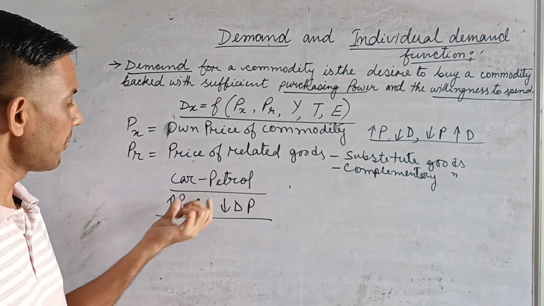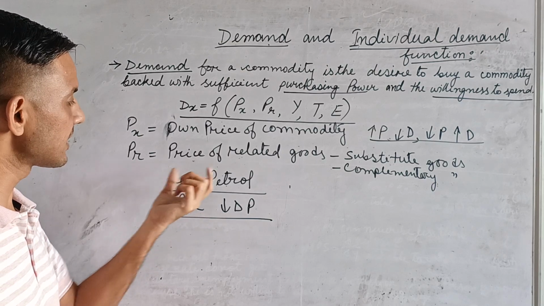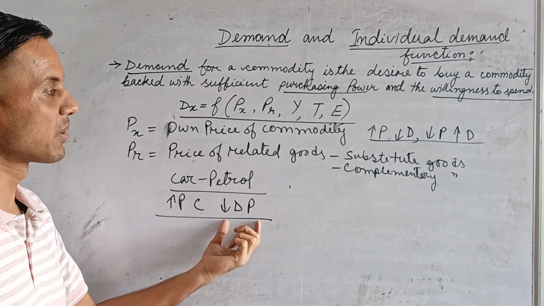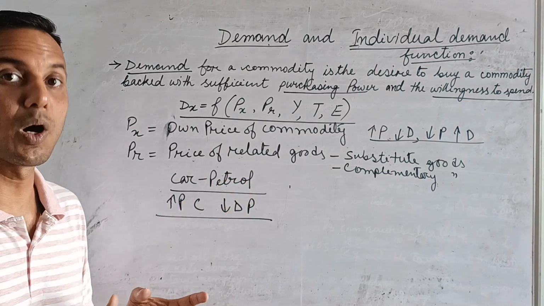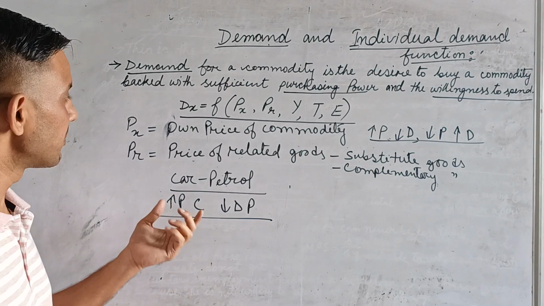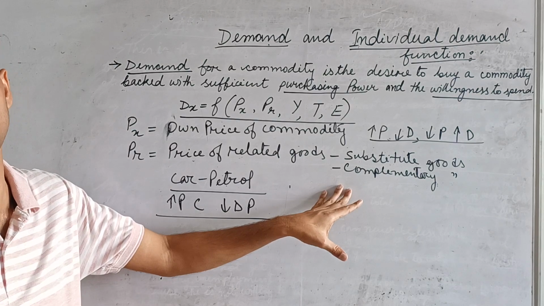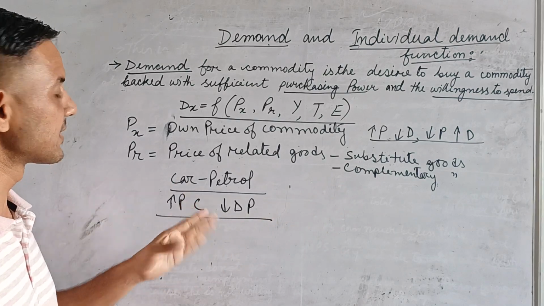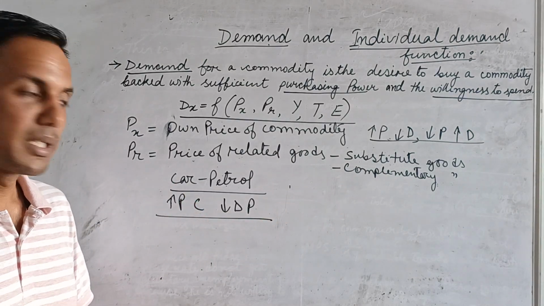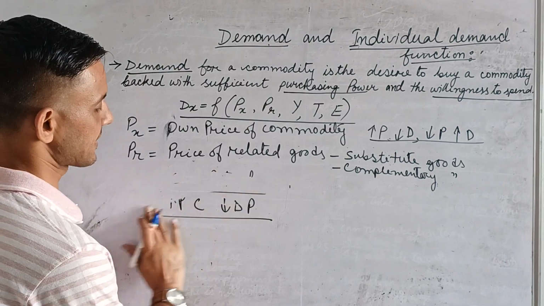Understood? Because you have to use them together. So when car price increases, automatically demand for petrol decreases.